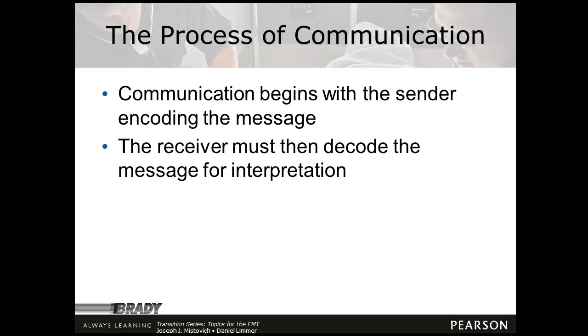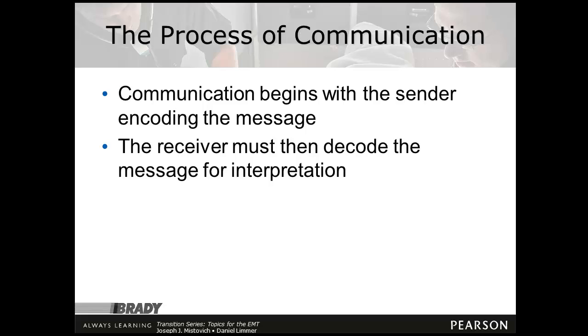The process of communication begins when the sender or speaker creates and encodes a message based on the information he wants to convey to the receiver. For the receiver to understand the message, it must be decoded. The process of decoding can be influenced by the receiver's beliefs, perceptions, values, and cultural background.